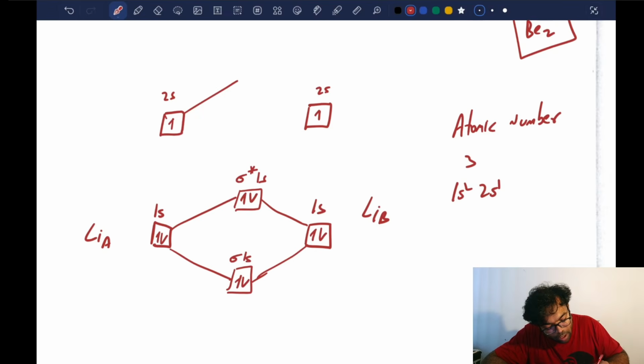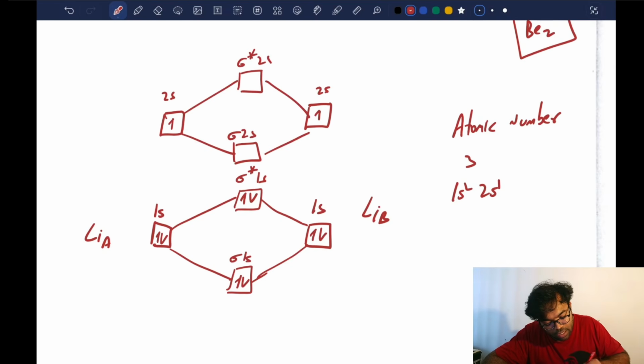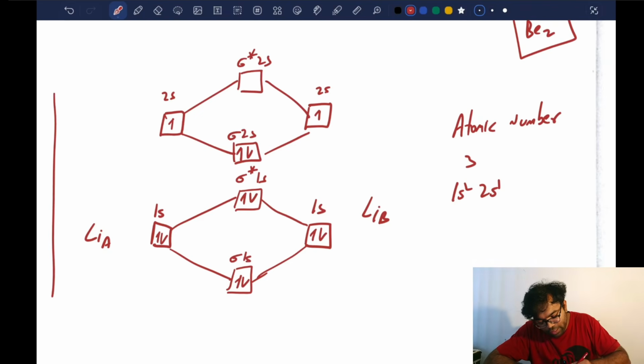These two atomic orbitals again are going to produce two molecular orbitals: sigma 2s and sigma star 2s. These two electrons won't get filled individually because the sigma 2s is at a lower energy level as compared to sigma star 2s. Both the electrons will go downwards.